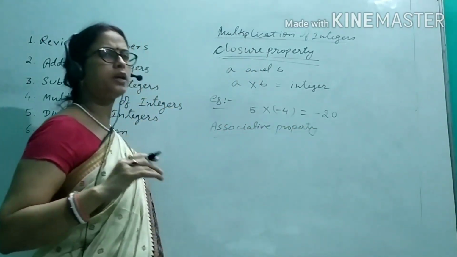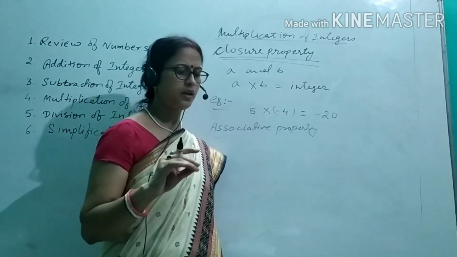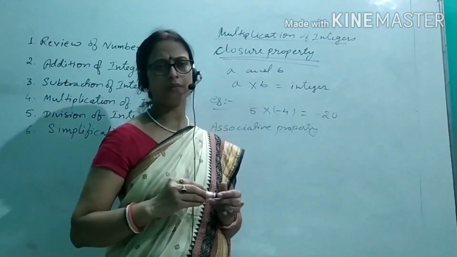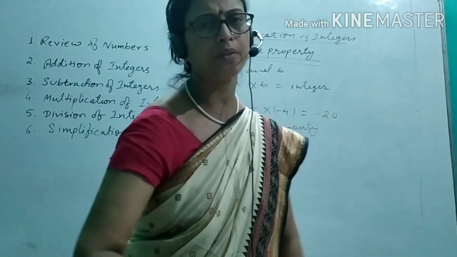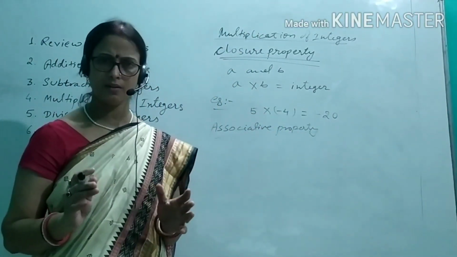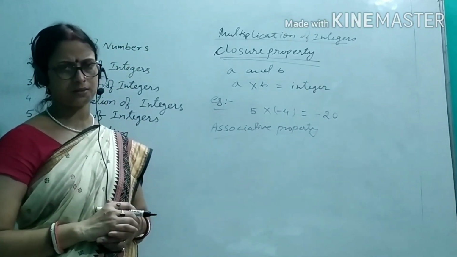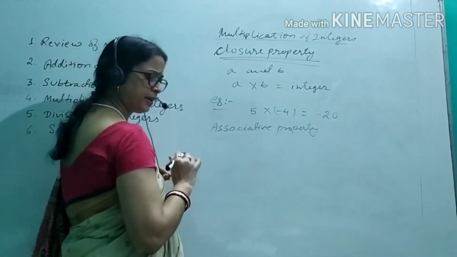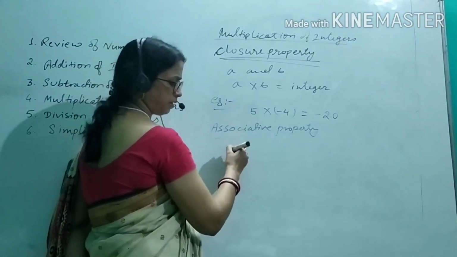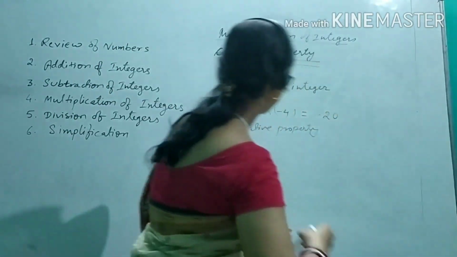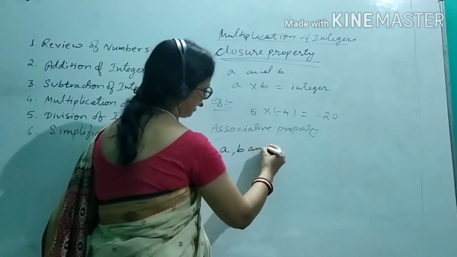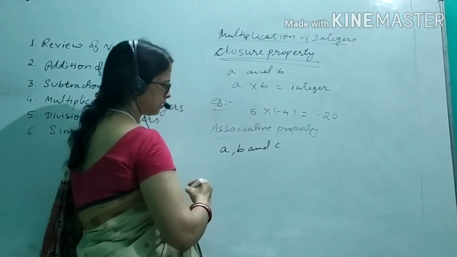Associative property: according to this property, when two or more integers are multiplied with each other, we again get another integer as a result, and here order doesn't matter. For example, a, b and c are three integers.